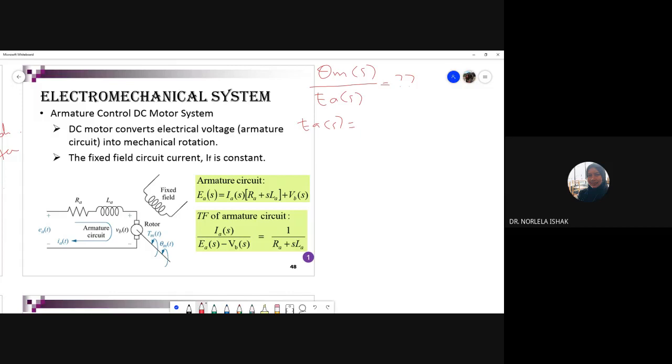We write the components based on impedance. So meaning RA. From here the total applied input equals VRA plus VLA and then plus VB.